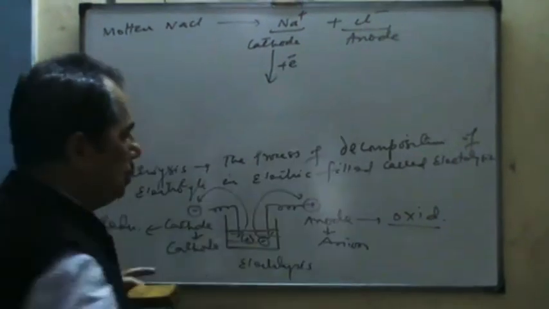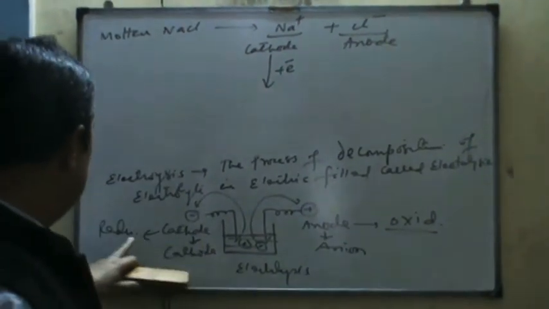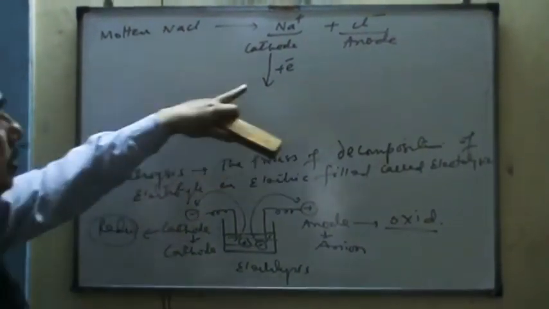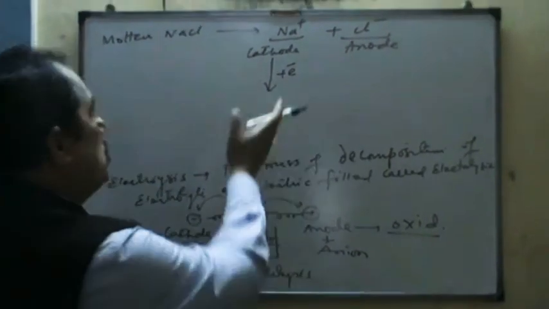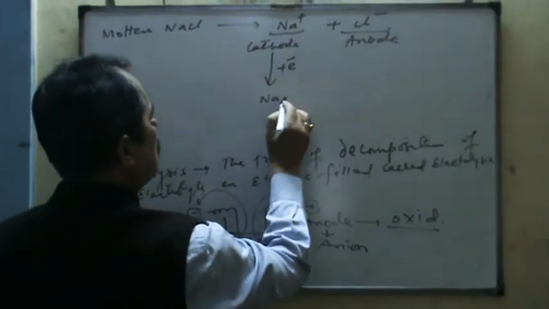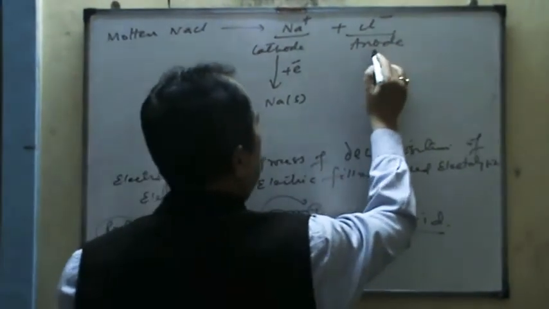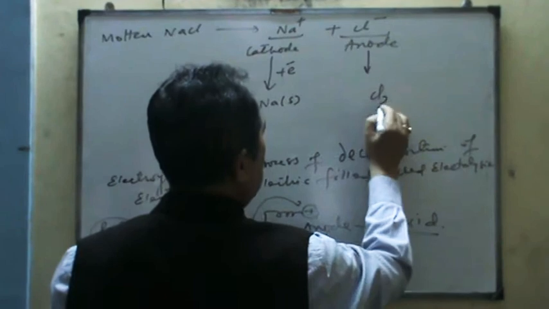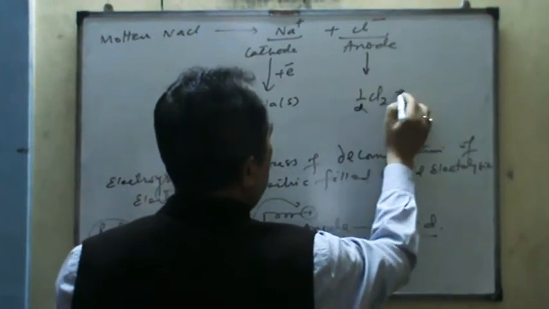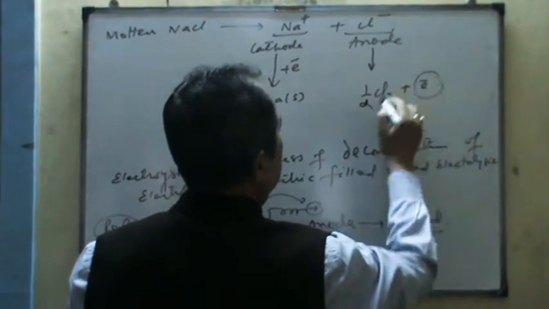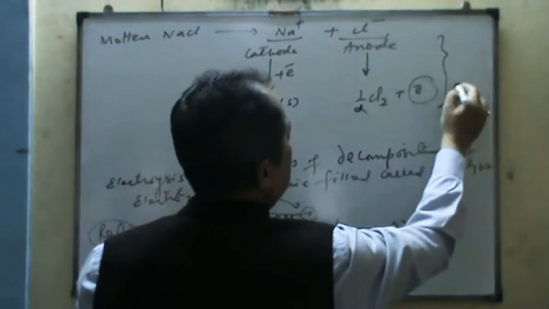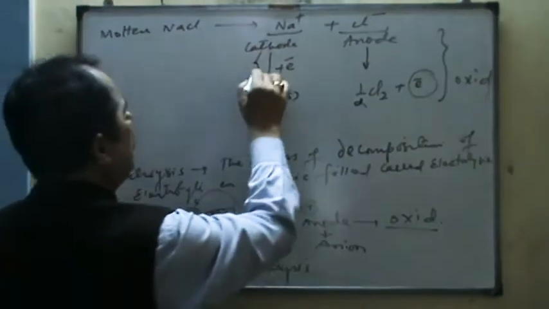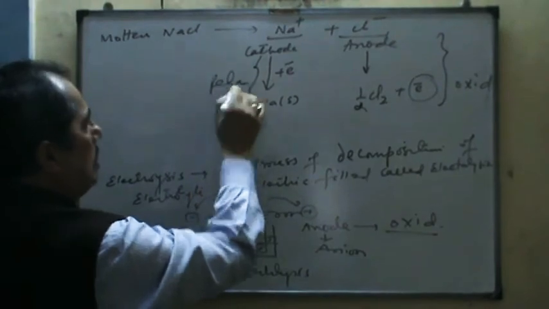At the cathode, what is going to take place? Reduction takes place. You add 1 electron, and sodium forms in solid state. At the anode oxidation takes place, so Cl2 is formed with half, and 1 electron is lost here. So this side it is what? Oxidation, and this side, what is this? Reduction.